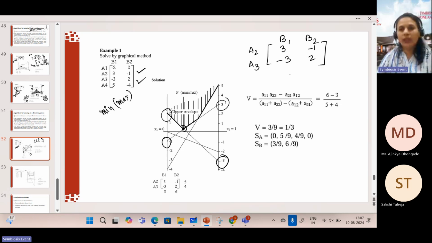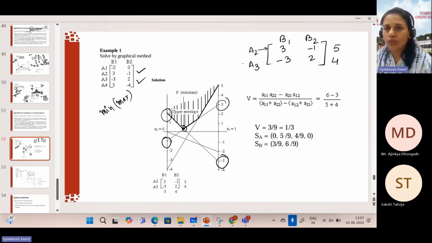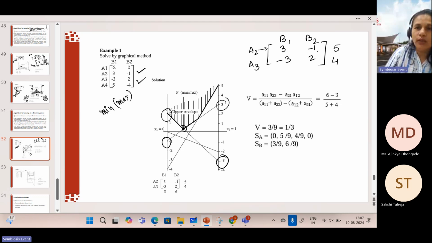Done. Now we will calculate the value of the game on the probabilities. So this becomes 5, this becomes 4. Simply I am adding: for A2, when you want to write the A3s you add, and to write the value of A3, A2s you add. For these B1s, if you want to write, simply add these two. So 2 plus 1 is 3 and this is also 6. So 5 plus 4 is 9. So what is the chance? 5 by 9, 4 by 9, 3 by 9 and 6 by 9. So these are nothing but your strategy values.